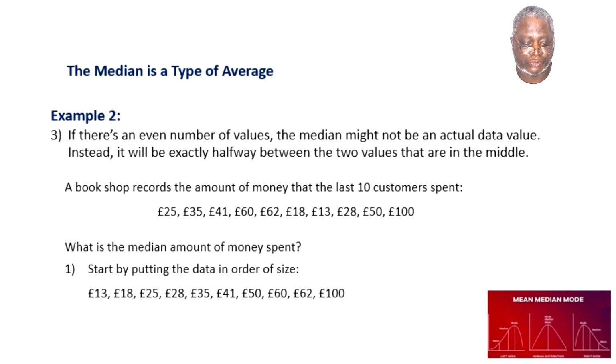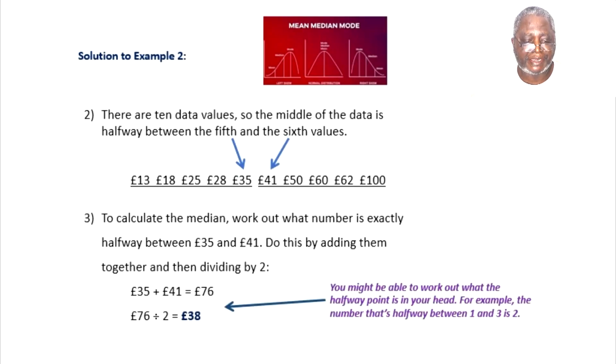Let's find out how we do it, but first of all, don't forget to arrange them in ascending order. There are 10 data values, so the middle of the data is halfway between the 5th and the 6th values, which is 35 and 41.